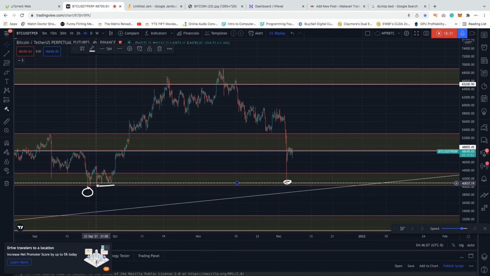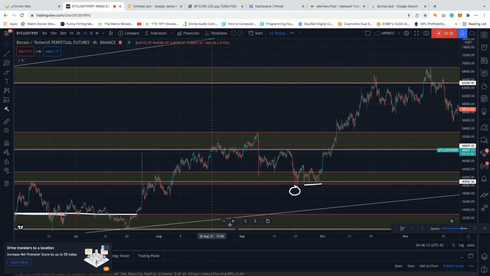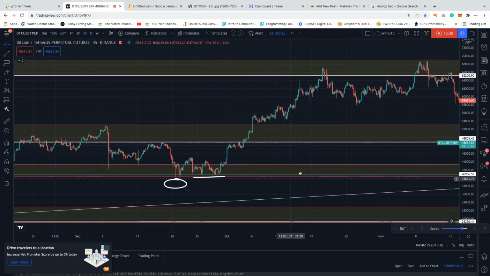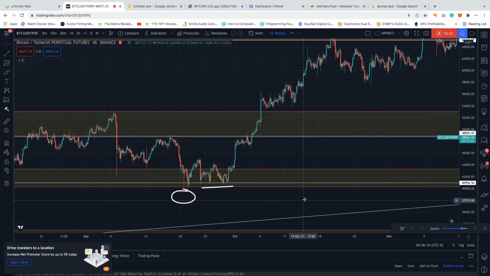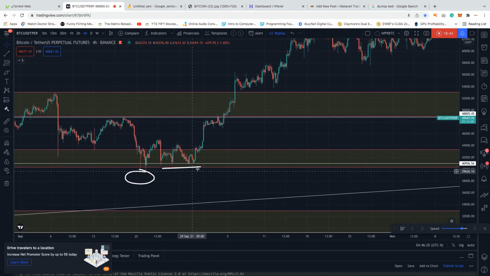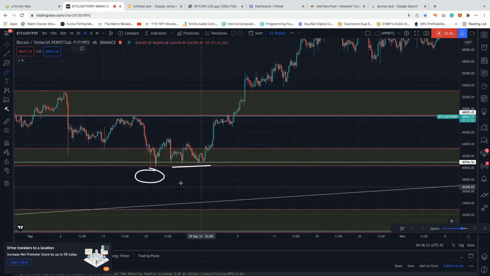Price was here on a support, and I found my entry, because you can see that when price was still on this support, there was a lot of drama that happened on this support. It pierced through the support, right? But instantly it got reversed. Now my goal is to enter when price has at least gone back. Even if price pierces the bottom, price must have gone back above this white line.